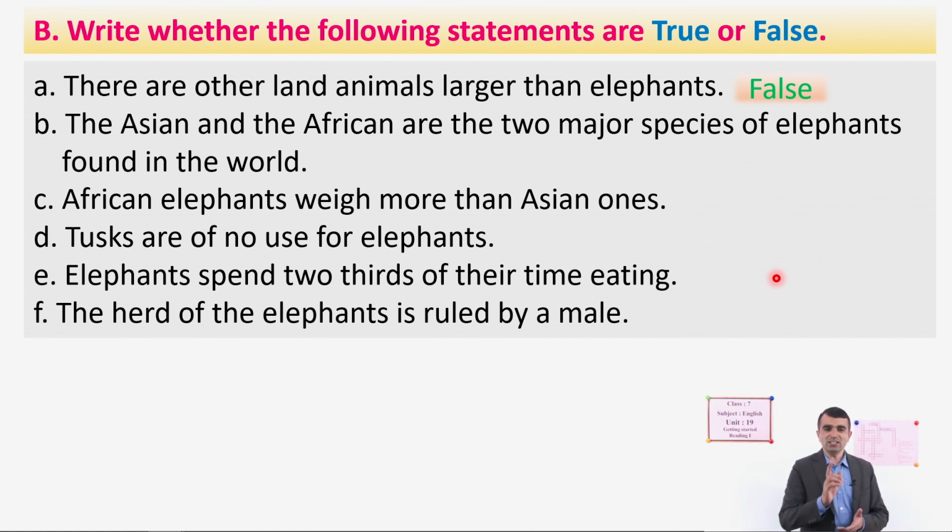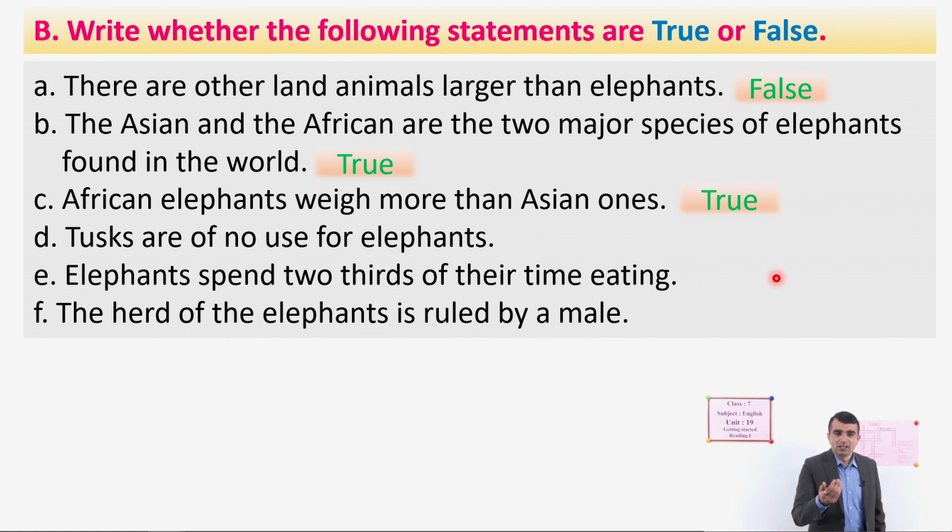The Asian and African are the two major species of elephants found in the world. Is it true? Yes, true, very good. Number C, African elephants weigh more than Asian ones. True or false? African, okay, that is true.